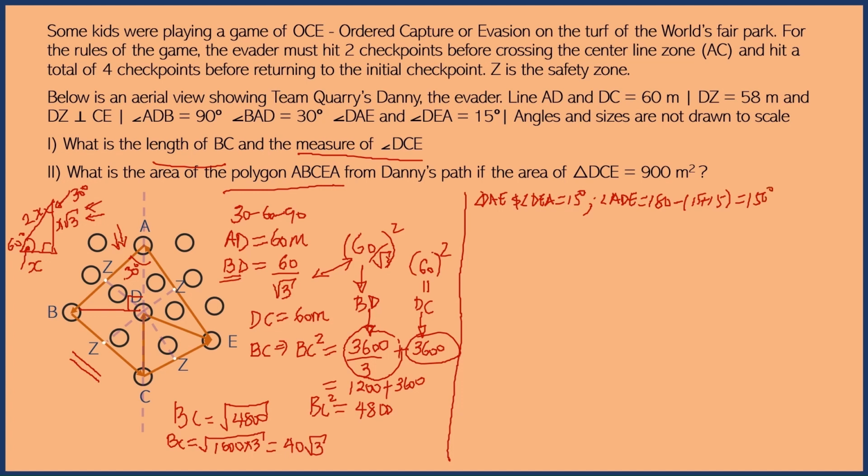So the sum of angles on a straight line is equal to 180 degrees. Therefore, angle D right here is going to be equal to 180 minus 150, which is equal to 30 degrees.